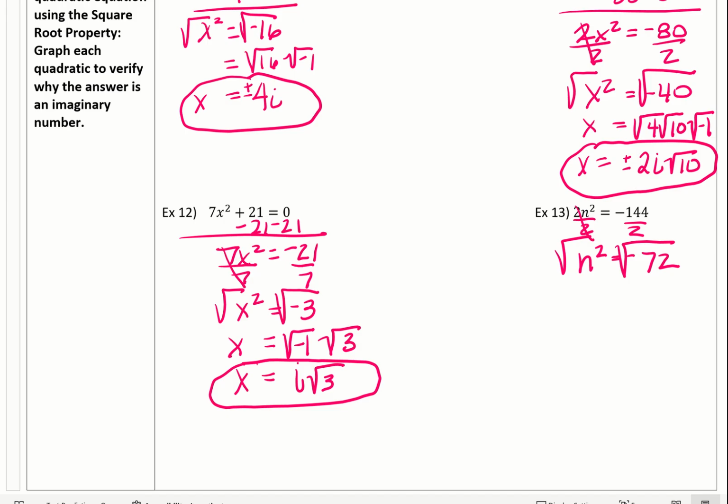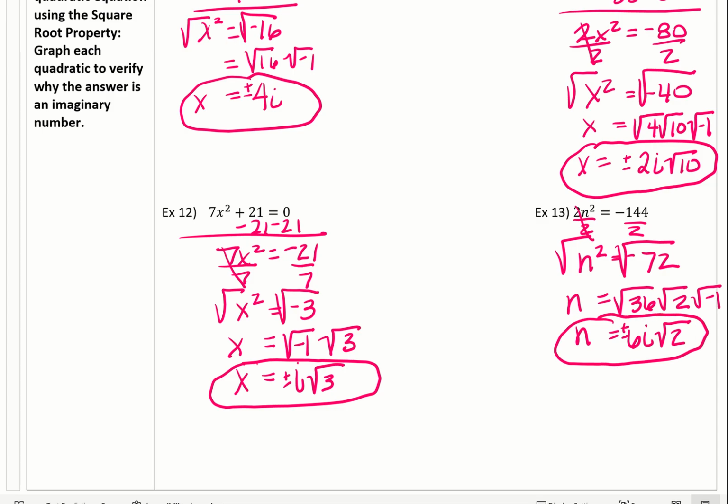So I know there's actually a larger number that goes into 72. 36 is half of 72. So I'm going to do root 36, root 2, root negative 1. And root 36 is 6, root negative 1 is i, and then you just bring your root 2 down. Oh, and I did forget my plus or minus over here and here. There are two imaginary solutions.